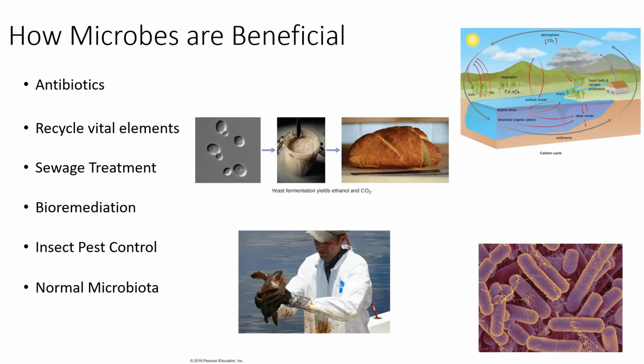And so some organisms like fungus will produce natural molecules that are lethal to things like bacteria. And so we can cultivate those and put them in a form that humans can use, and it can help treat bacterial infections. Remember, antibiotics are not helpful against viruses.